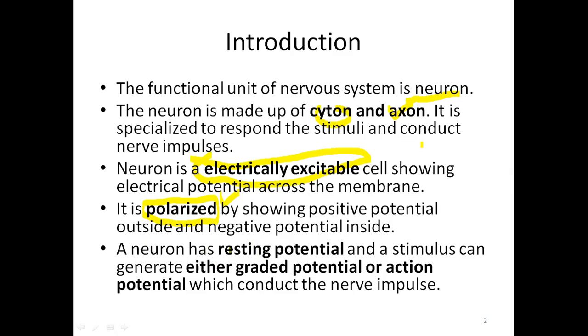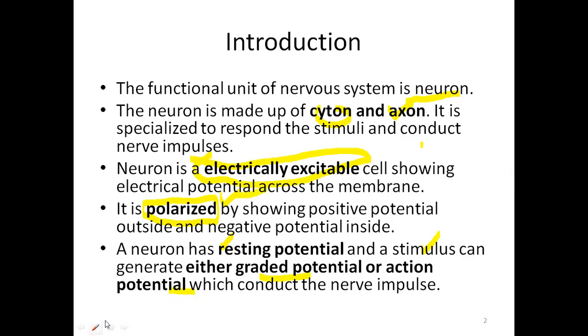The potential difference that we have during the rest of the neuron is known as the resting potential. And later on, once a stimulus is generated, there is formation of the graded potential and the action potential, and this is possible because the neuron is an electrically excitable cell.